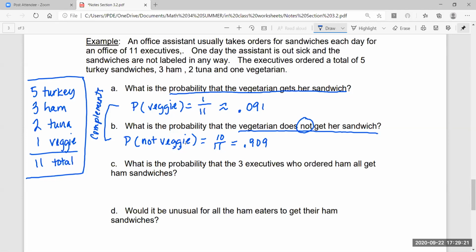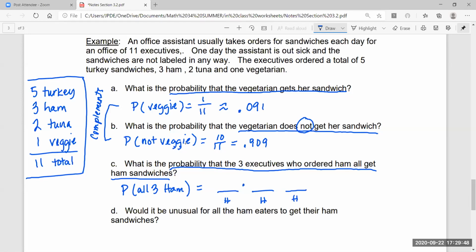Okay, now it says, what is the probability that the 3 executives who ordered ham all get their ham sandwiches? So here's how I think about it. We're looking for all 3 ham. First one's ham, and the second one's ham, and the third one's ham.